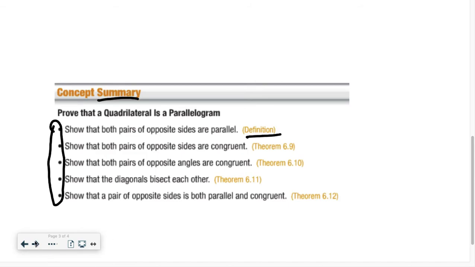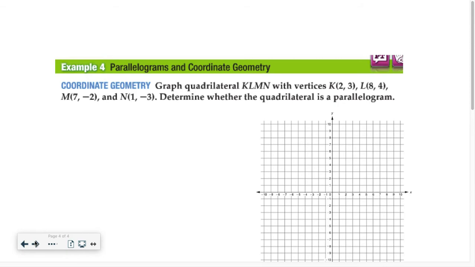Okay. Last problem, our second objective was to be able to show that a set of points is a parallelogram in the coordinate plane. Okay, so here we have the set of points. K is at 2, 3, L, 8, 4. M, 7, negative 2.